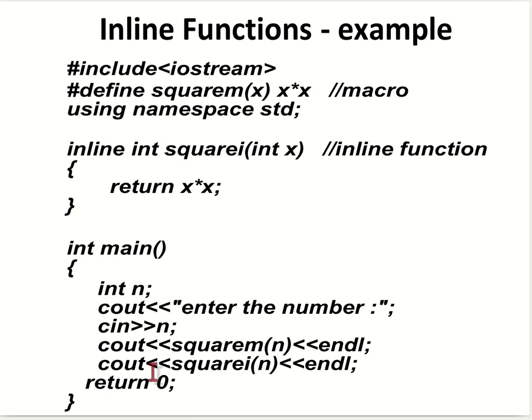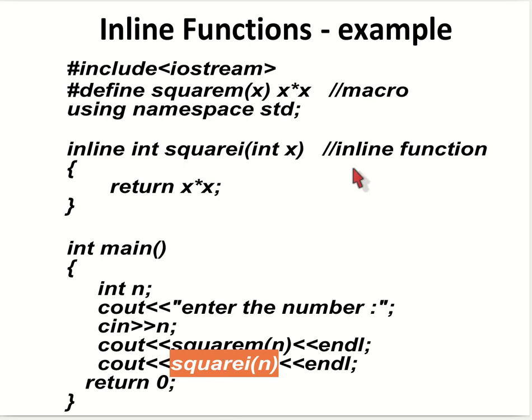And in this case, inline int square(int x) { return x*x; }. Here it will request the compiler to treat it as an inline function. So the return value expression will be replaced at the call, meaning n*n will be written there.